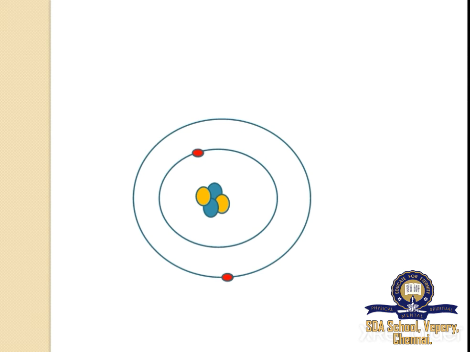Here, the nucleus, which has protons and neutrons in it, is present at the center, and the electrons, like the planets, revolve around the nucleus on their own orbits.